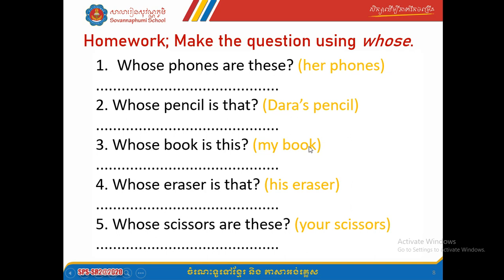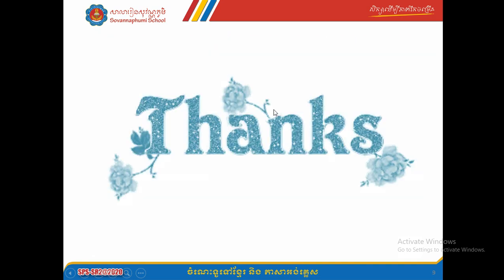Answer is my book. Number 4, whose eraser is that? Answer his eraser. Number 5, whose scissors are these? Your scissors. Okay, so again, write the correct answer by using the phrase from the brackets here.